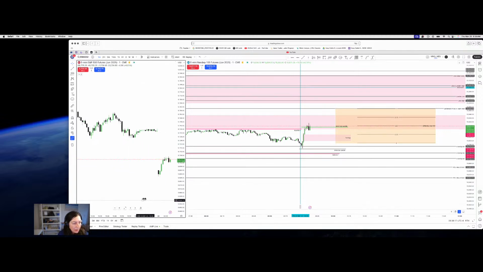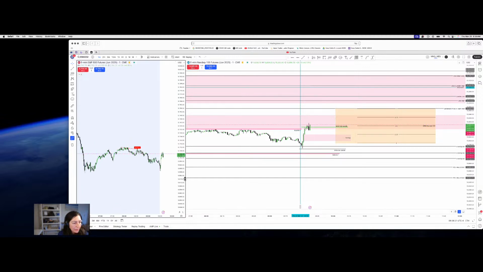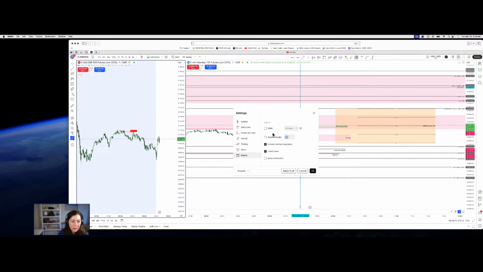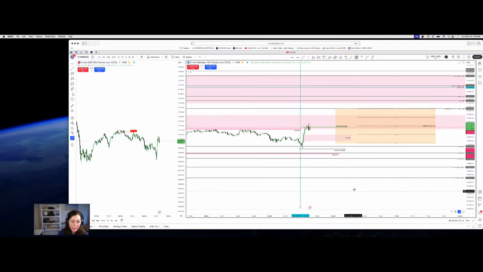Here's our ES. Oh, switching. I want to get rid of that blue background, so I'm just going to go here. Symbol, electronic trading hours. I just want to get rid of the blue. Okay.